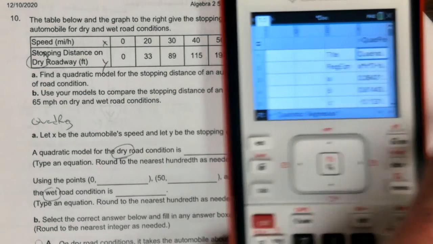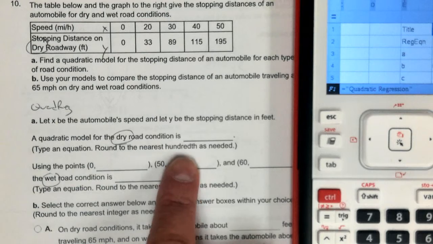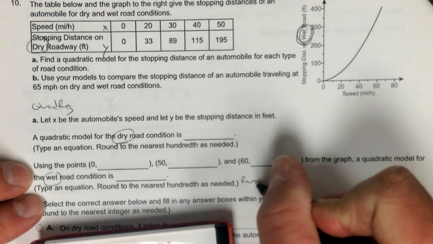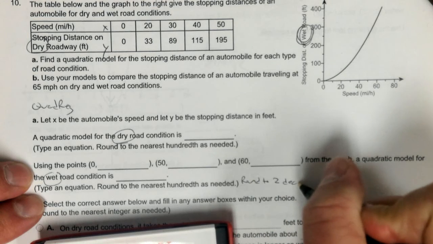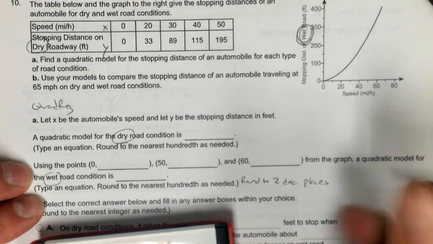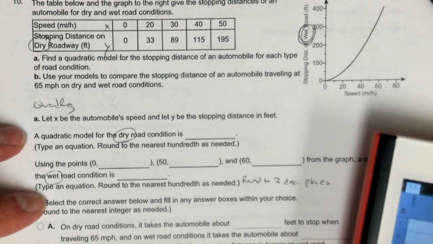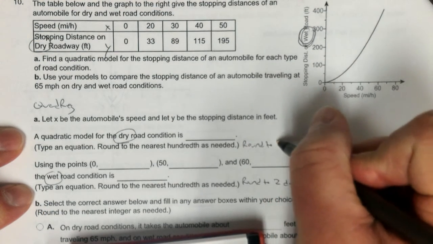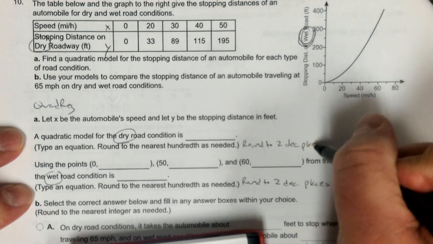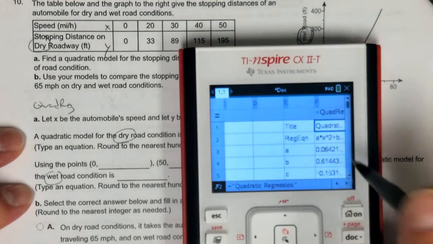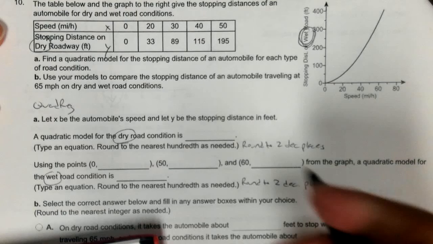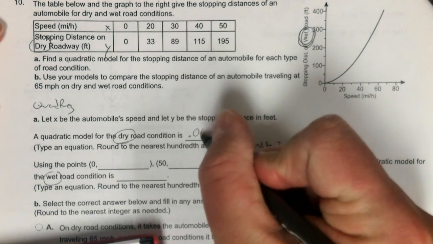They want these rounded to the 100th, which means 2 decimal places. And so for this one also. So this says 0.064, and so you put 0.06, and the a is what goes in front of the x squared. So 0.06 x squared.